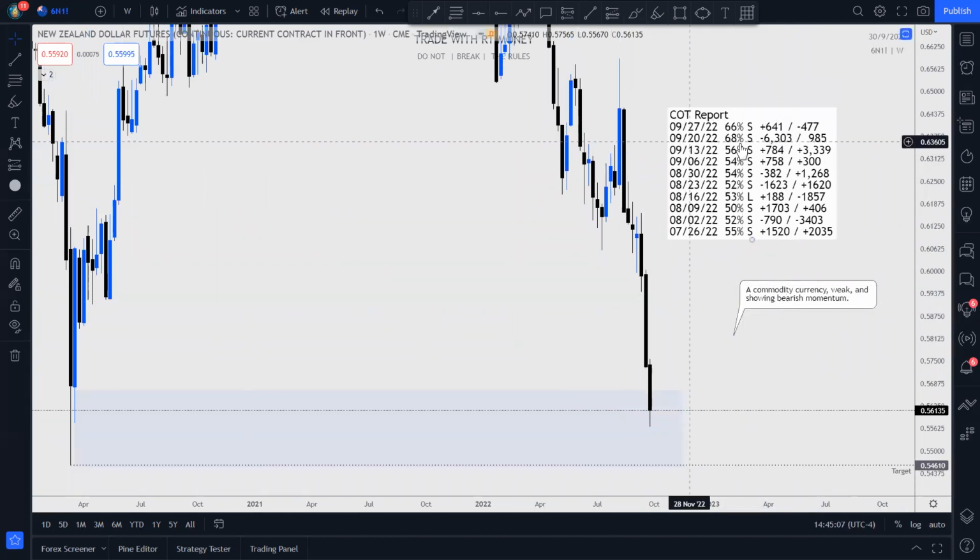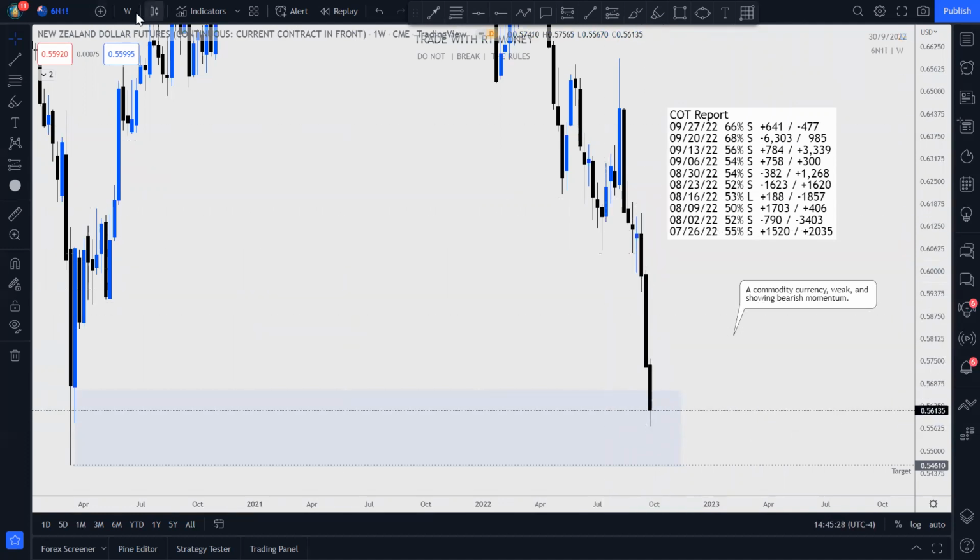But you can see there were 6,000 long positions closed the week prior. That is really noticeable and worthy of note. And you can see the fall since, right?